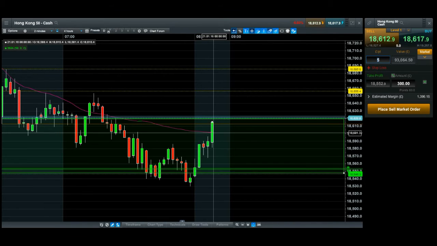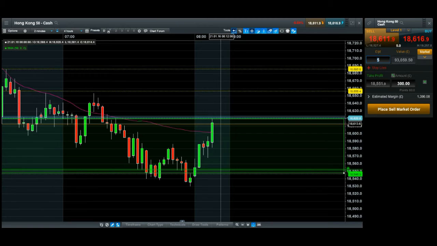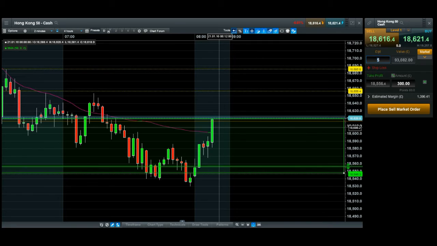If that's the case, then I will wait for the candle to finish to see if there is a positive candle that closes above the simple moving average. So I'm going to wait for this to come before I enter into a trade.